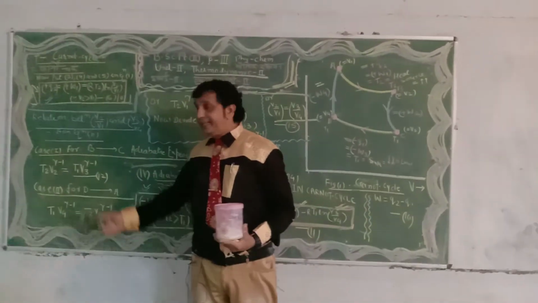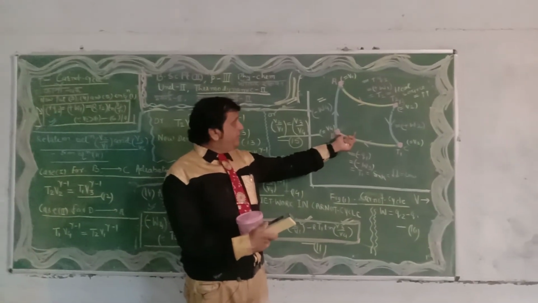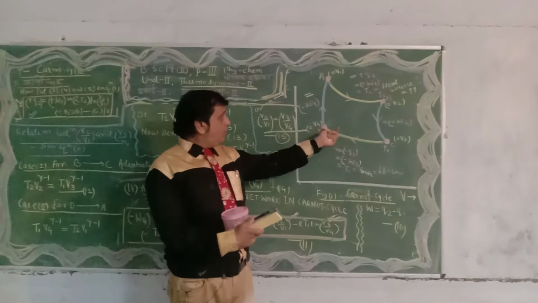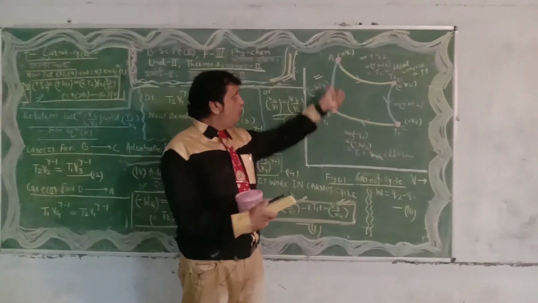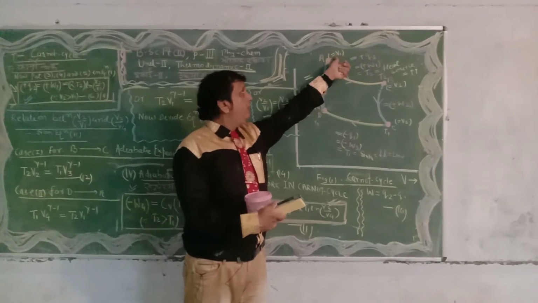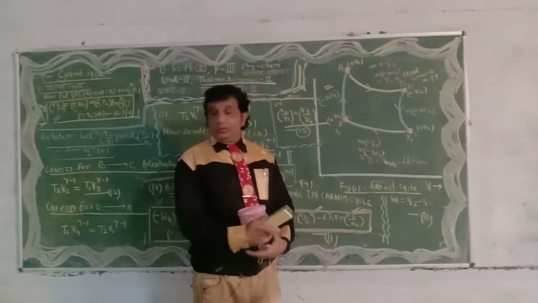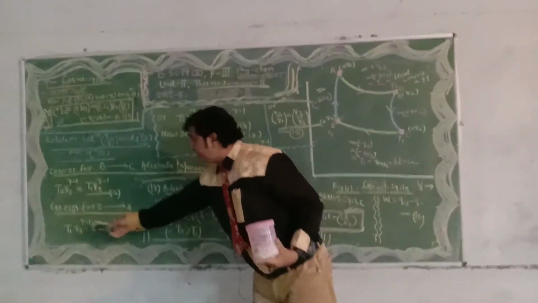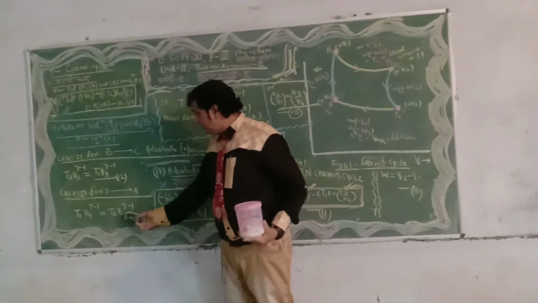Next, let us discuss D to A, having temperature T1 and volume V4 at the point D, and at the point A volume V1 and temperature T2. Next step: T1 V4 to the power gamma minus 1 is equal to T2 V1 to the power gamma minus 1.